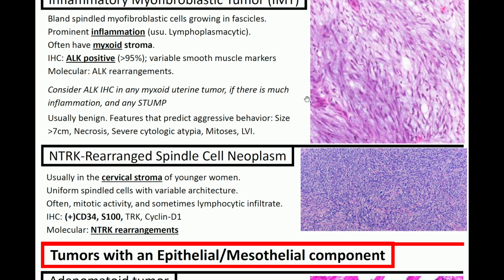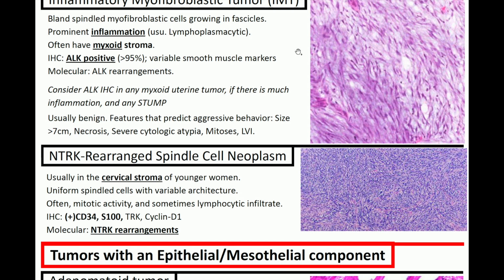So the IMT that we referred to earlier in the STUMP category is the inflammatory myofibroblastic tumor. And this is going to be bland spindled myofibroblastic cells growing in fascicles with prominent inflammation, usually lymphoplasmacytic, often with a myxoid stroma, and they're going to be positive for ALK.